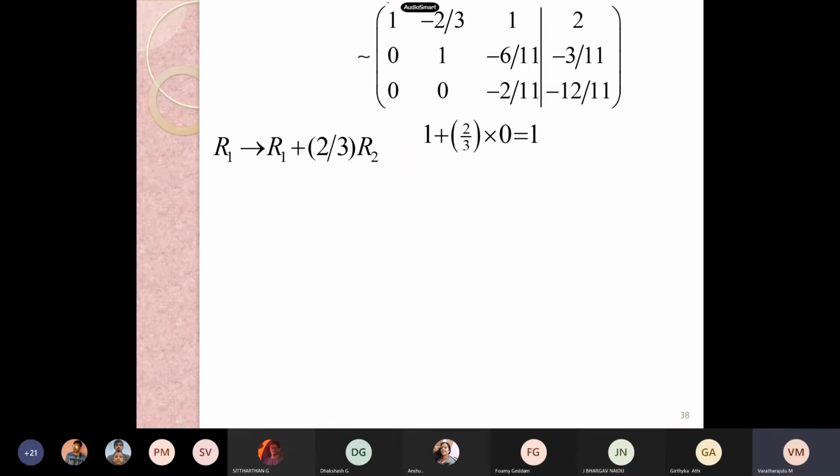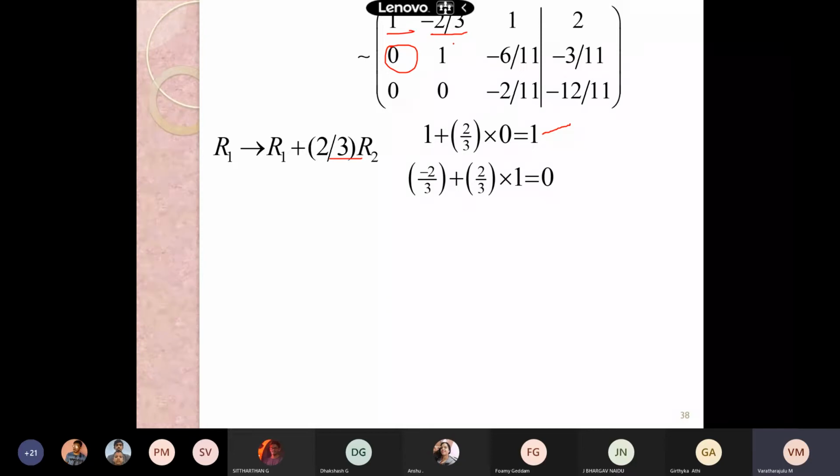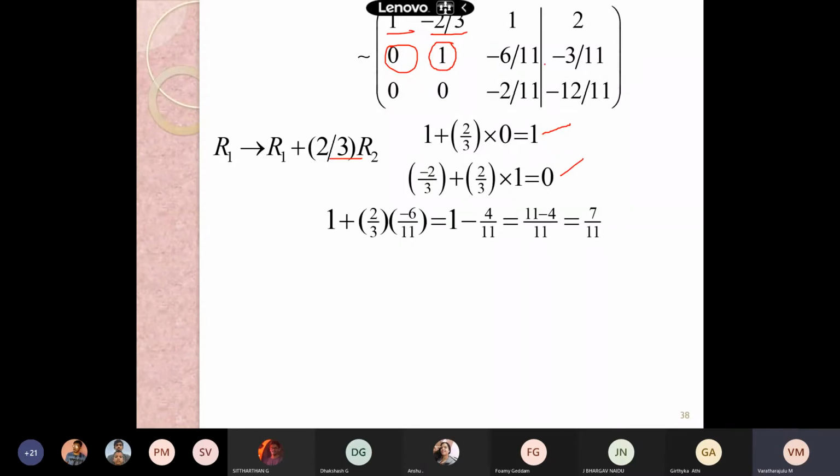Now the first term, that is 1 plus 2 by 3 into 0. This gives 1. And the second term, 2 by 3 minus 2 by 3, applying the R2 term, gives 0. The third term, 1 plus 2 by 3 into the R2 term minus 6 by 11.